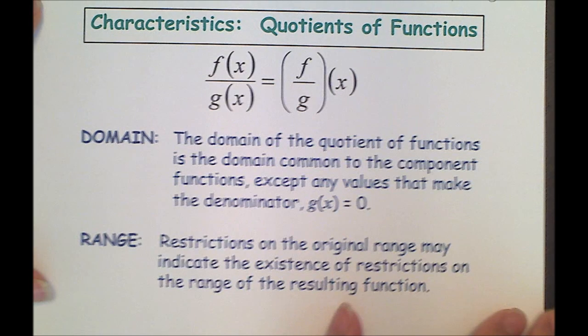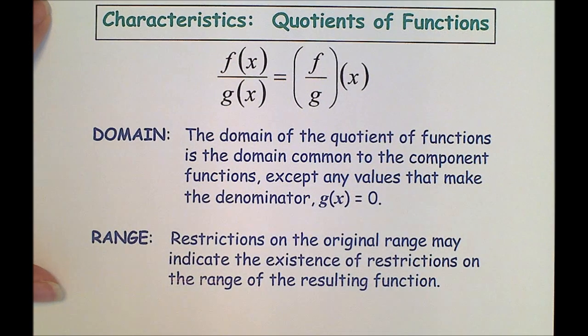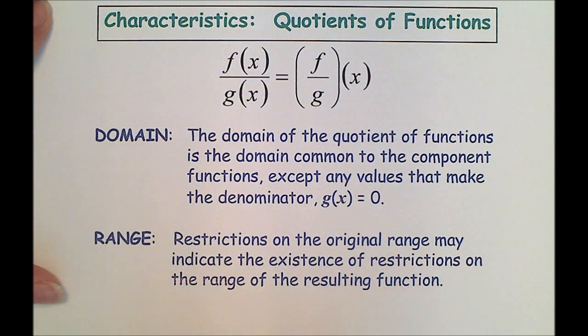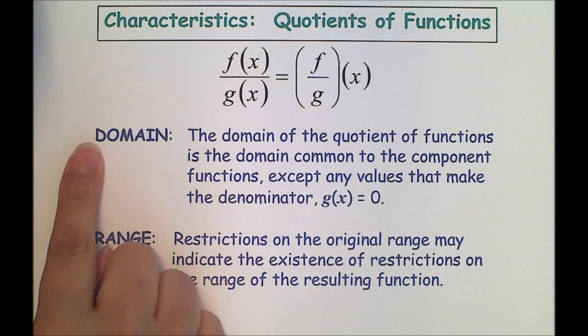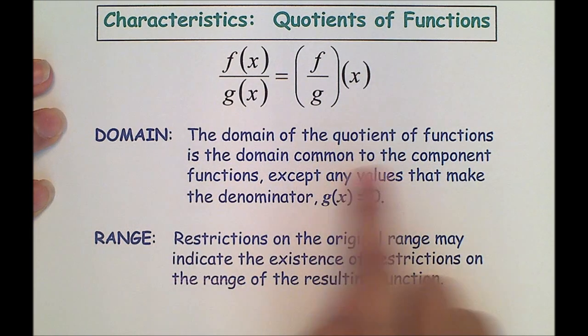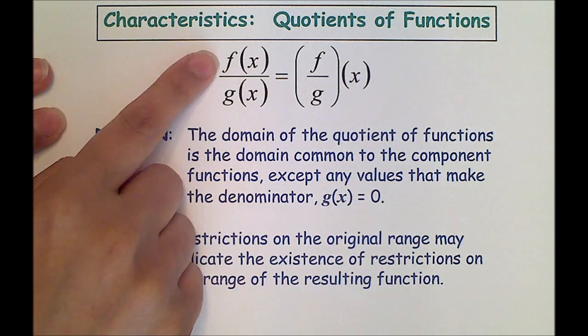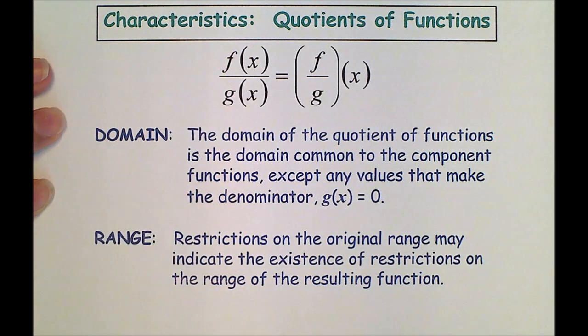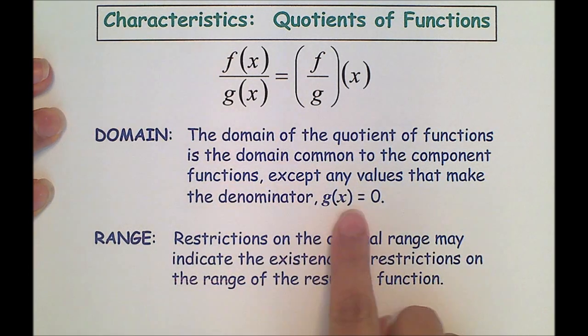Okay, in terms of the quotient of functions, this one's again a little bit harder to determine the domain and range. So the domain of the quotient of functions is the domain common to the component functions. So again, whatever domain you had for f of x and whatever domain you had for g of x, wherever those two domains overlap, that would be the domain of your quotient function. The only exception is that you can't have any values that make the denominator g of x equal to 0.